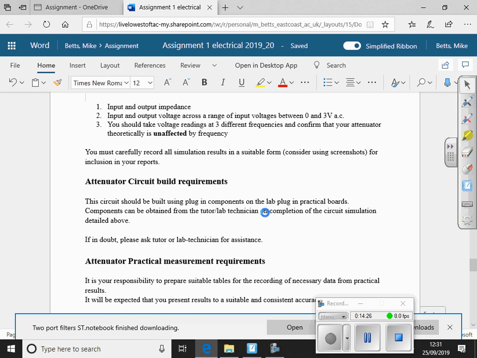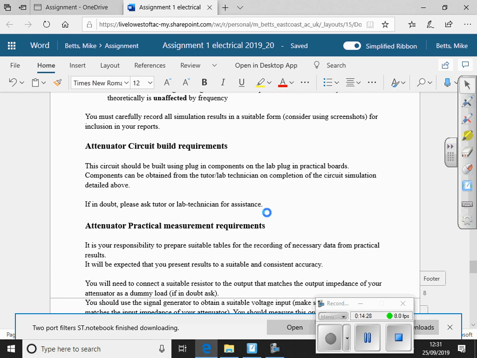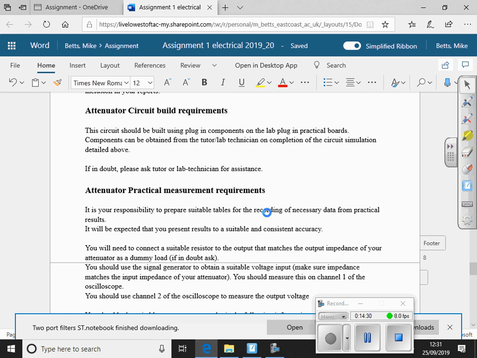Then you'll build that circuit and use an oscilloscope and a signal generator to apply a variety of input voltages and find out what the output voltage is, and confirm that the attenuation level is what it should be. And compare that with your simulated results for what you designed, and talk about any differences.